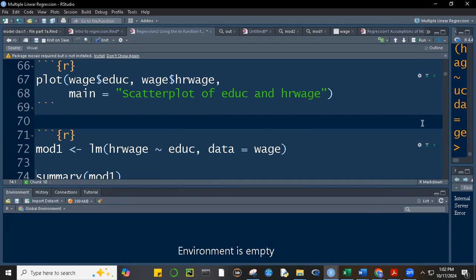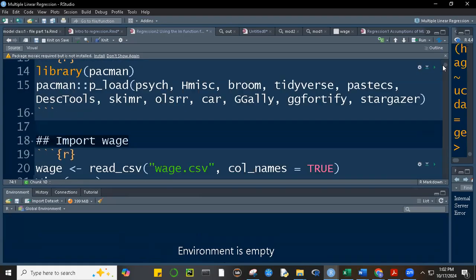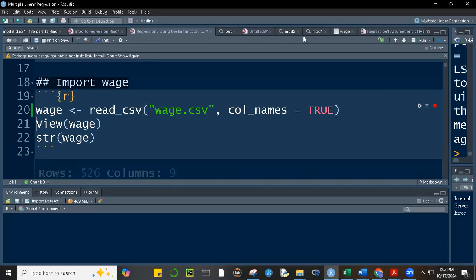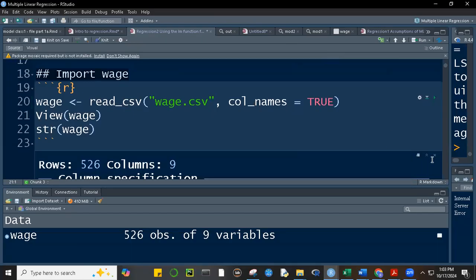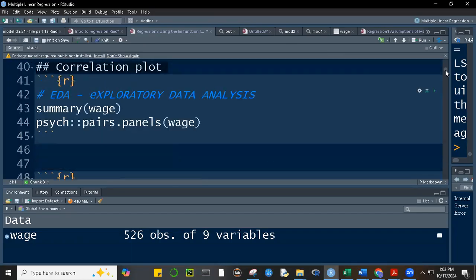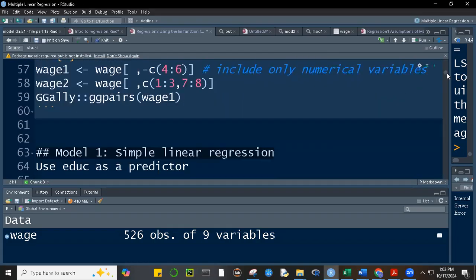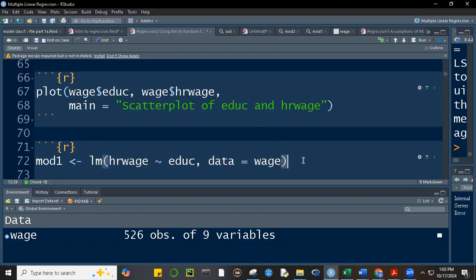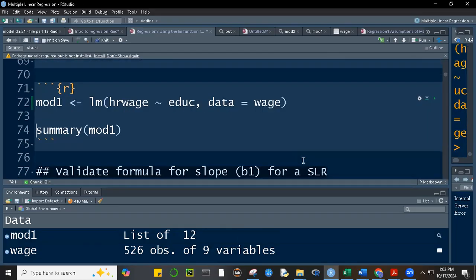Which means I will have to rerun my wage data set. Here, I'll just rerun this. Okay, there I go. All right, then what we did last time was to create this model, model 1, simple linear regression, only one predictor.